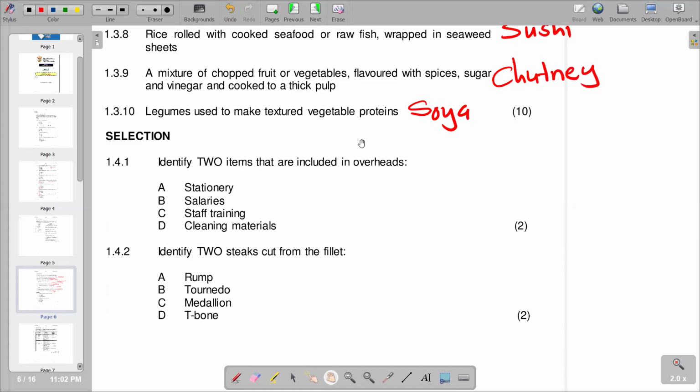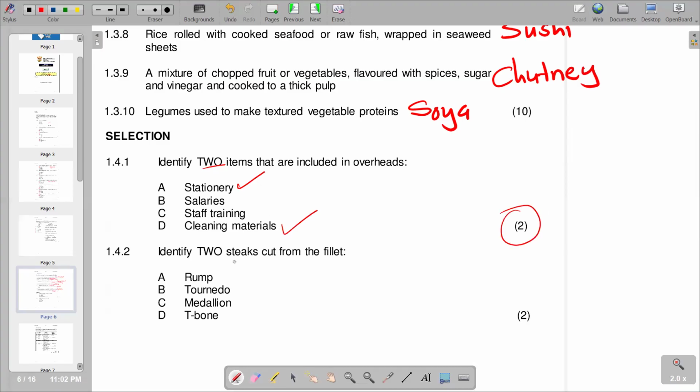So we cannot specifically identify the expense to a specific revenue unit. So that becomes an overhead expense. Remember the question is saying identify 2 items, so you have to identify 2 items within options A to D. So you see that A, stationery, is an overhead, and also if you go to D, cleaning materials is also an overhead. So you've got those 2 responses. Remember, 2 marks.